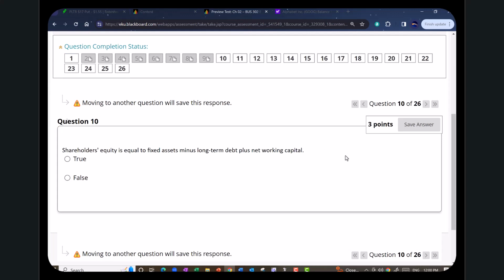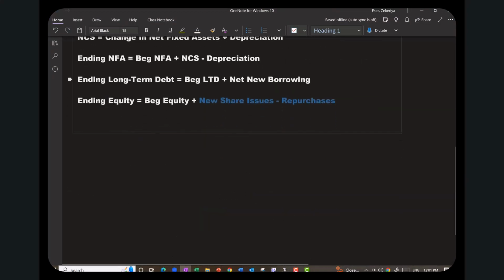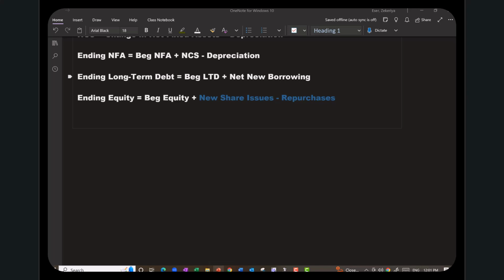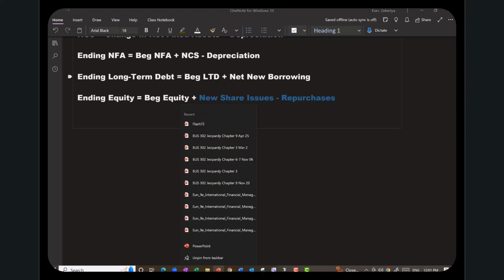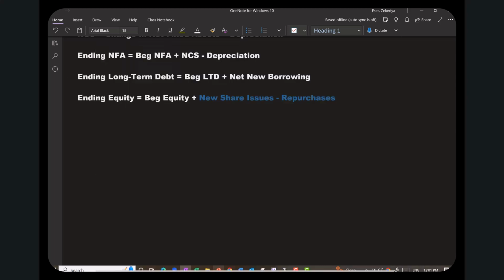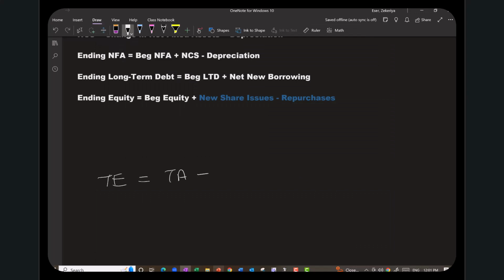Shareholders' equity is equal to fixed assets minus long-term debt plus net working capital. We kind of wrote this down, but you know, we could also show. Shareholders' equity and total equity mean the same thing. Correct? That's the basic accounting identity. Total assets are current assets plus net fixed assets.